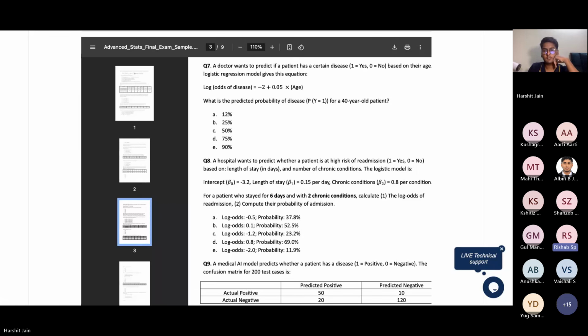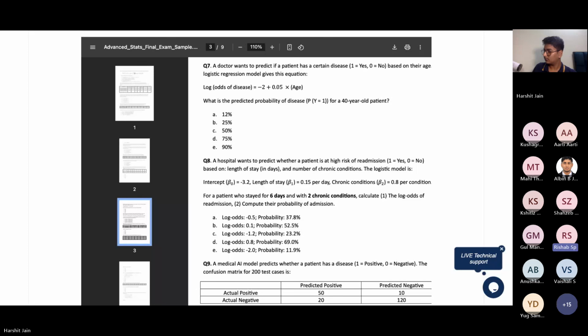Fine. So it's basically a logistic regression question based on length of stay and number of chronic conditions, which are the two independent variables. The logistic model has intercept beta 0 as minus 3.2, 0.15 per day, and 0.8 per condition. For a patient who stayed 6 days, length of stay is 6, with two chronic conditions.